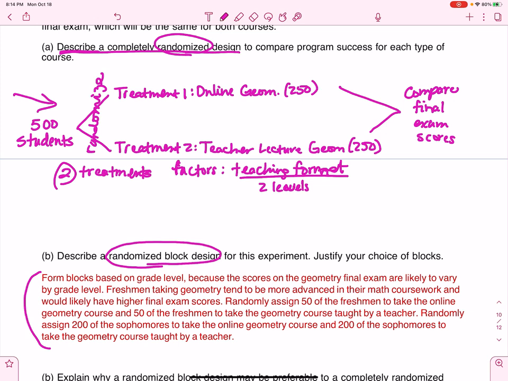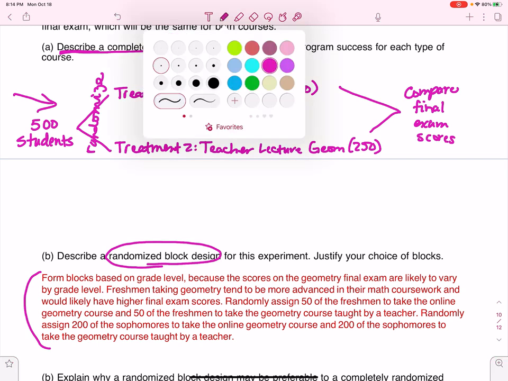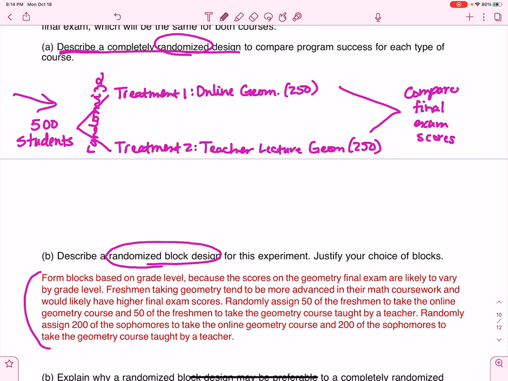If I were to show you a randomized block design, I would take my 100 freshmen, that would be one block, and my 400 sophomores would be another block.